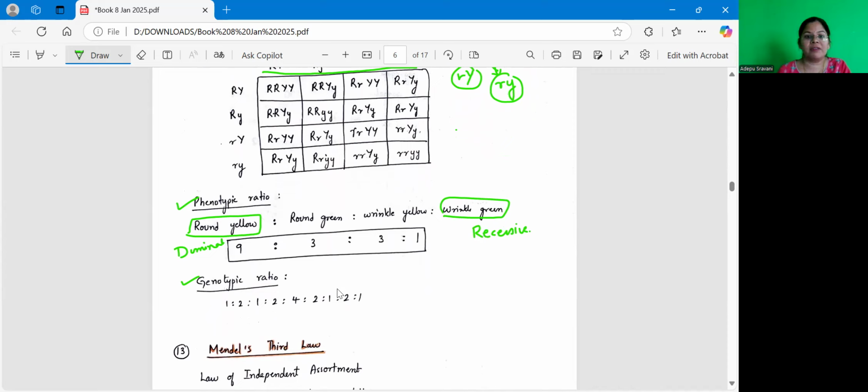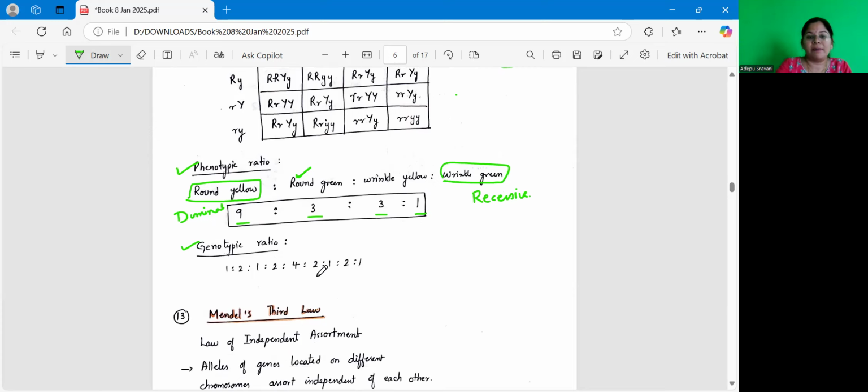Now, what is this 3 and 3? You have to mix and match there. Round is dominant, green is recessive; and recessive wrinkled with dominant yellow. So round green, wrinkled yellow. Clear? So the phenotypic ratio will be 9 is to 3 is to 3 is to 1. Very, very important, and based on this, many numericals are asked. Numericals, I'll make a separate video of that.